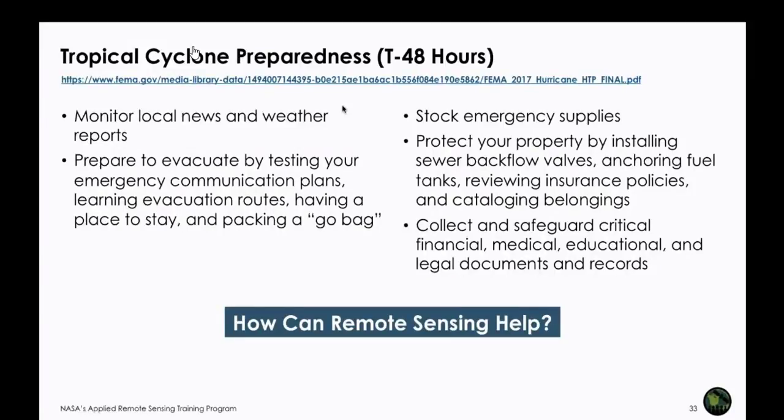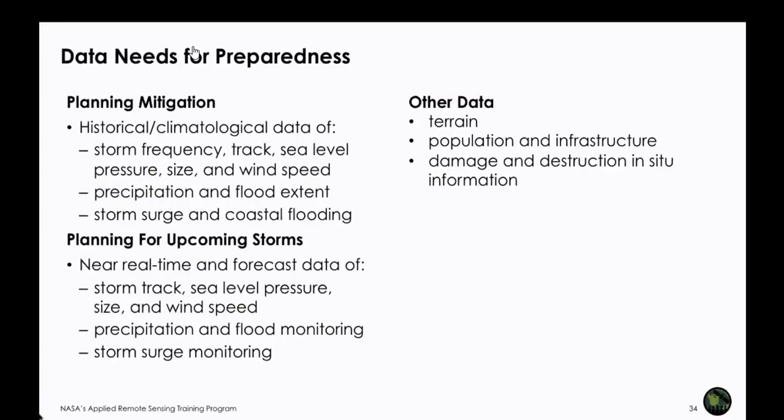So this is more like immediate preparedness before the storm even comes to your area, but it has already started. Maybe it will be there in 48 hours or 24 hours. And then finally, you want to see all kinds of emergency contingencies you want to make decisions about.